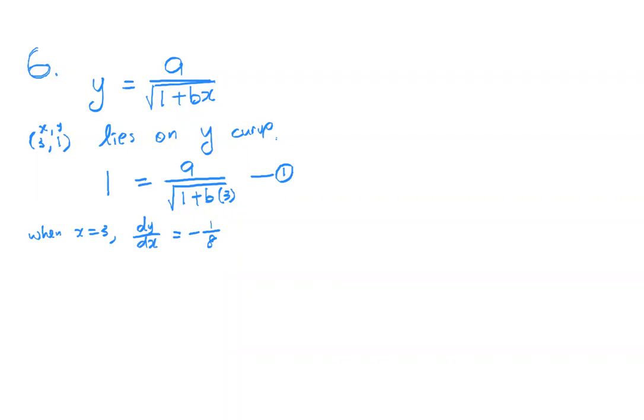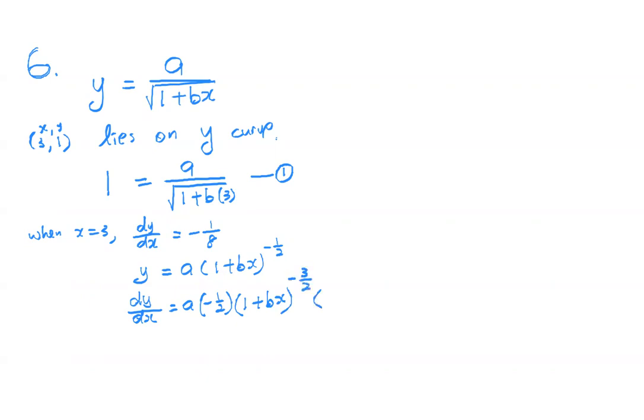So now, before we can put this information, we must get the rate of change function. So our y equal to a(1 plus bx) to the power of negative half. Okay? So we use chain rule. Multiply by the power. Copy down the whole thing. Power take away 1.